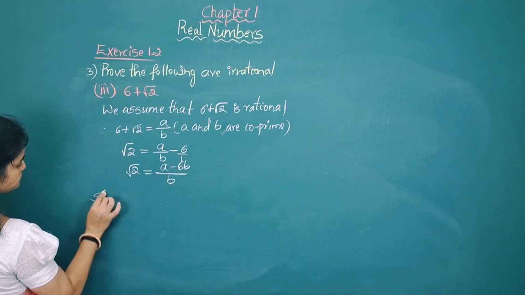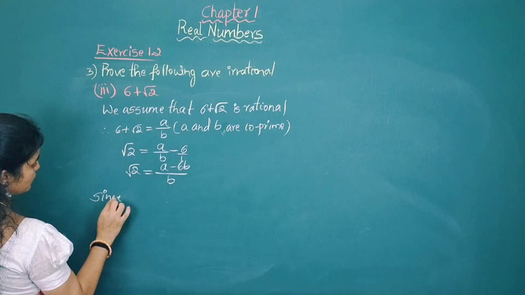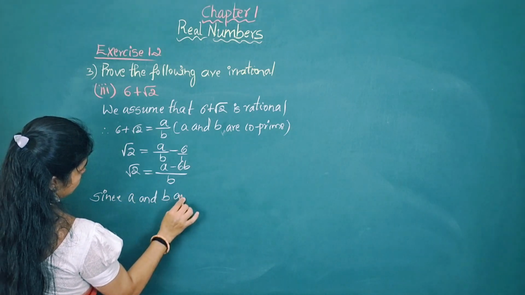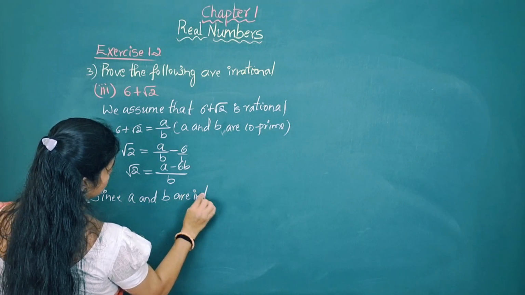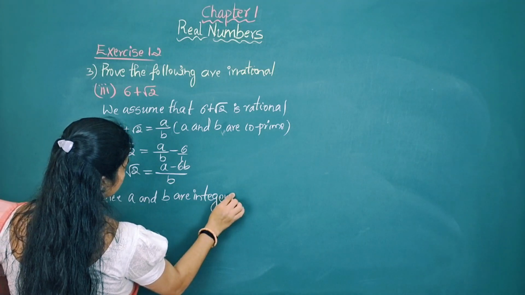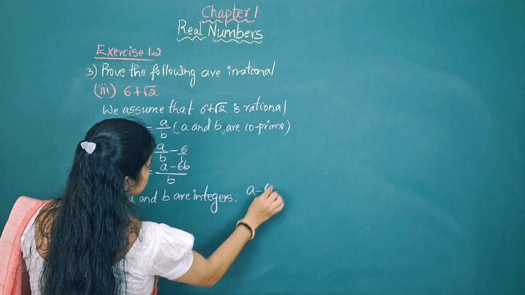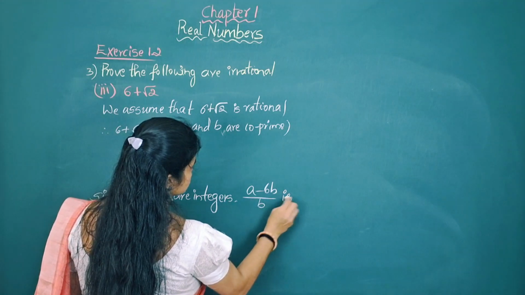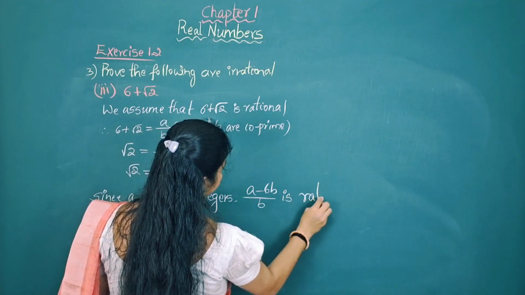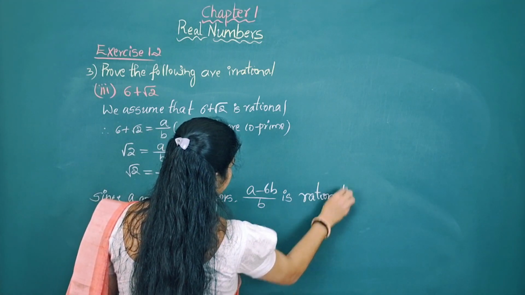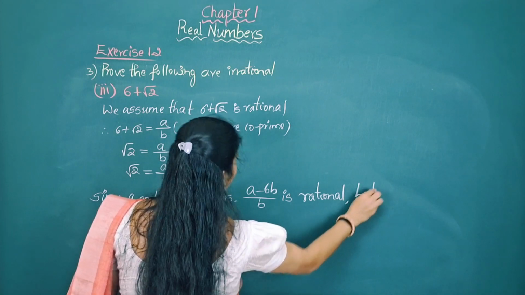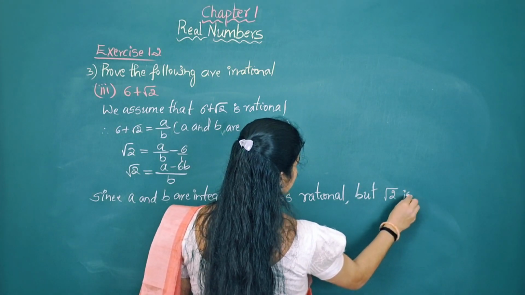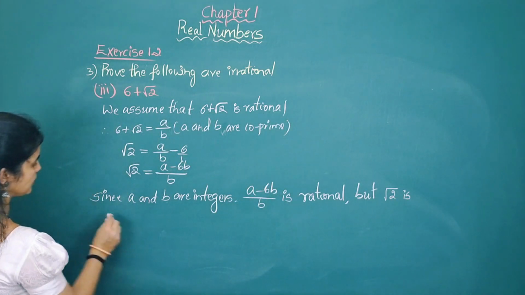Since a and b are integers, a minus 6b divided by b is rational, but root 2 is irrational.